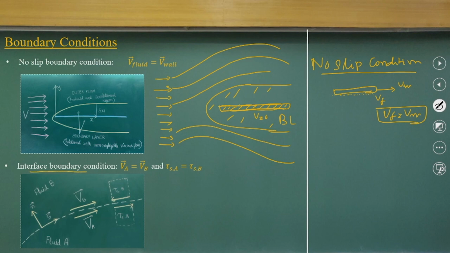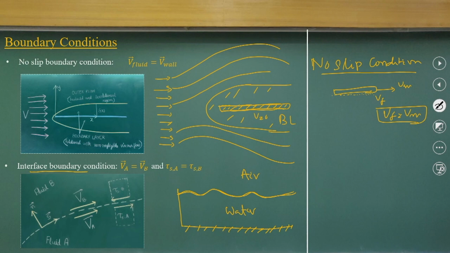Then the second part is interface boundaries, where you have two fluids. For example, in open channels the flow is coming, you have water and you have air. This is the interface boundary condition.